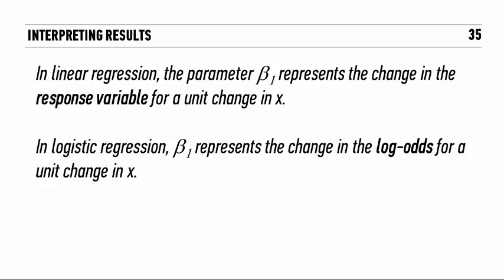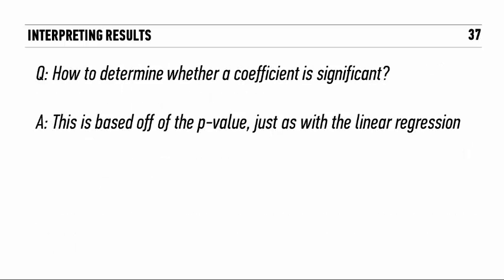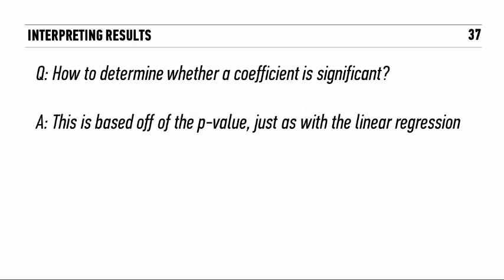So this is where the name comes from. The corollary of this is that e to the beta 1 gives us the change in the odds for a unit change in x. I'll skip through that because we haven't talked about significance yet. We'll talk through that. I'll just make a mention here.